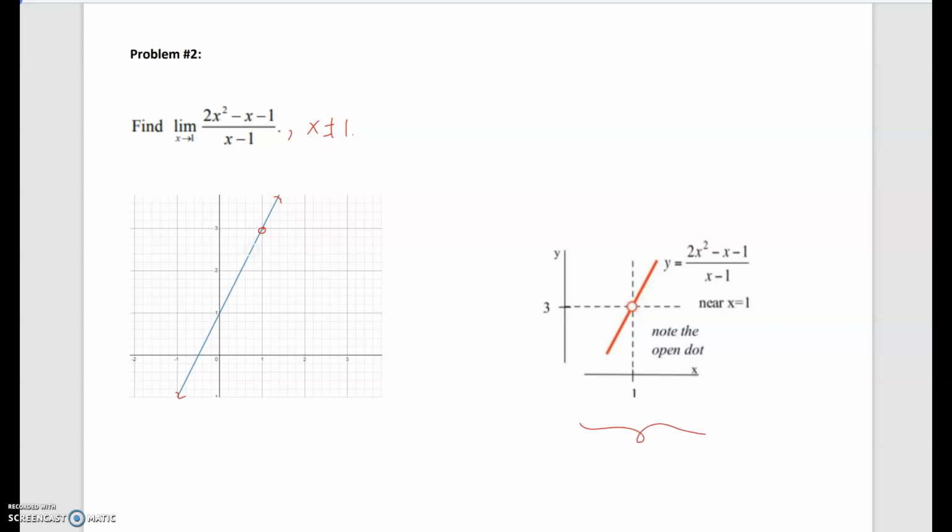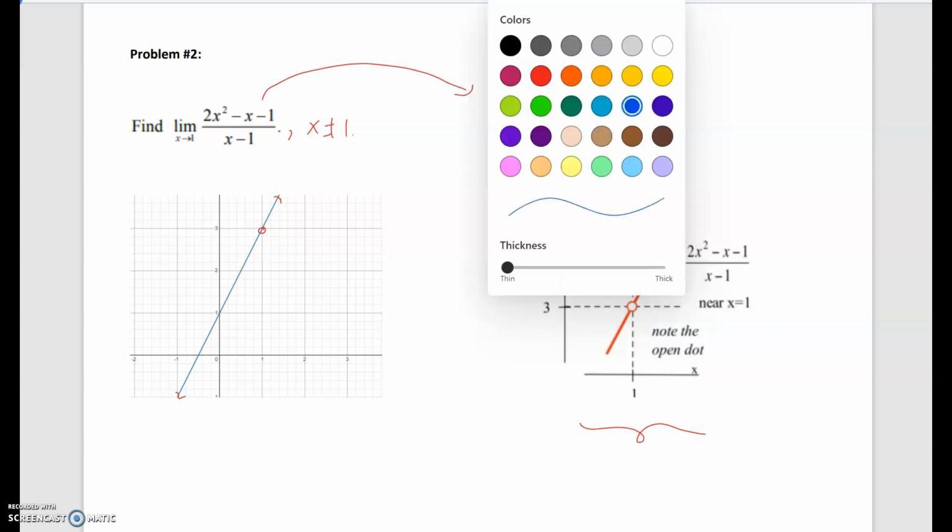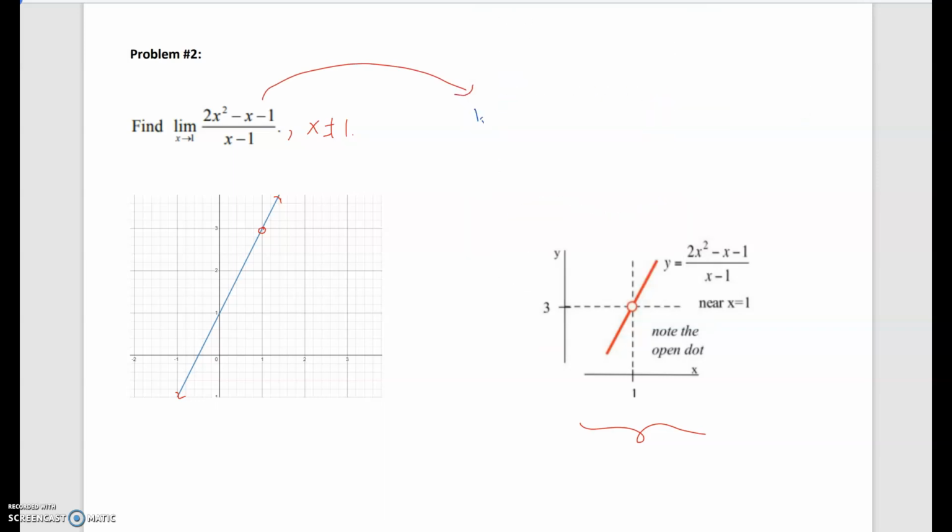The good news is, coming from the left and the right, you're approaching a y value of 3. So on this particular one, we would simply say that the limit as x approaches 1 of 2x squared minus x minus 1 over x minus 1 happens to be 3.